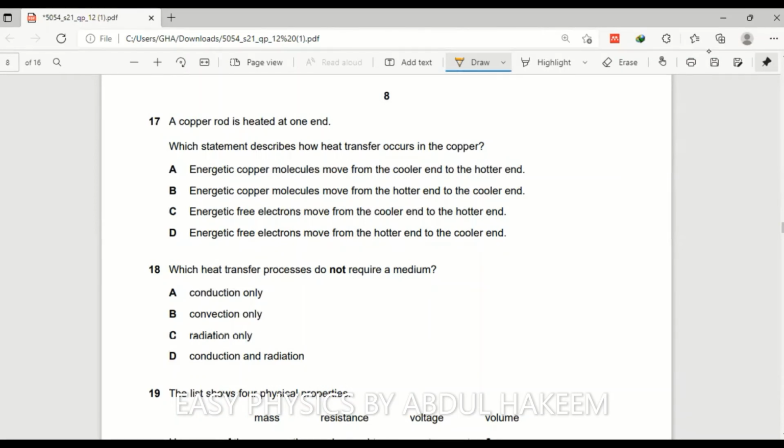So energetic copper molecules move from the cooler end to the other hotter end, no. Energetic copper molecules move from the hotter end, no. There is no complete displacement of the molecule, no. Energetic free electrons move from cooler end to the hotter end, no. Energetic free electrons move from the hotter end to the cooler end. Yes, this is the option.